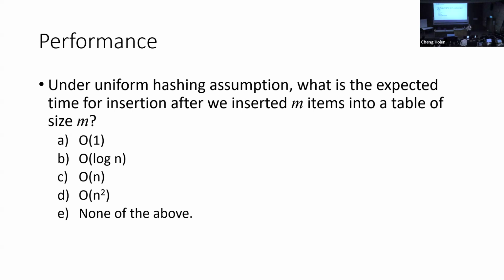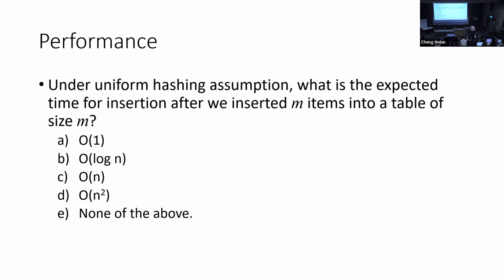The answer is: if your table size is M, how do you insert the next item if you've already inserted M items there? You cannot. If this lecture hall has 200 seats and you already have 200 students here, how do you get one more student a seat? You sit on the floor. Okay, you cannot.